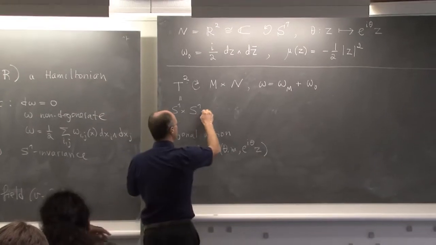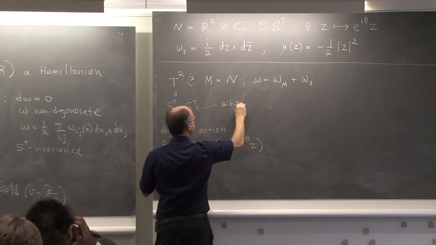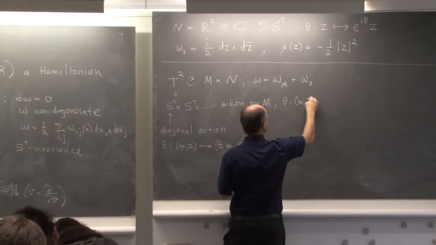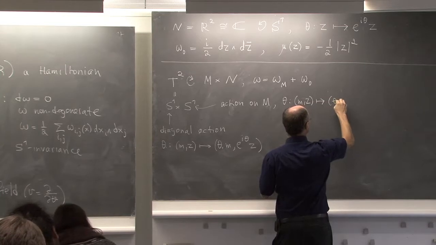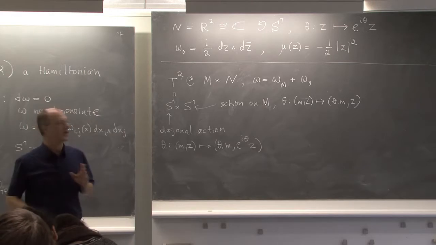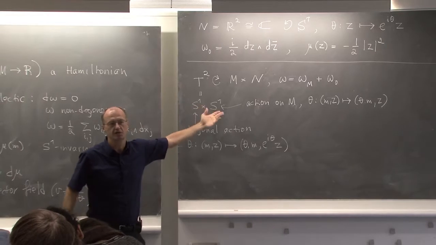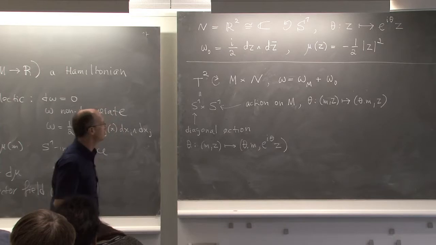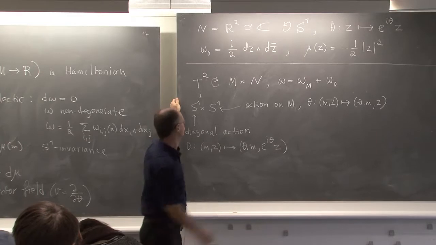And this one is just the action on M: theta maps (m, z) to (theta m, z). So you see there's just this slightly funny choice of those S1 actions. Of course, why not? I can always do it. So we take a diagonal action here and just the standard action on M here.